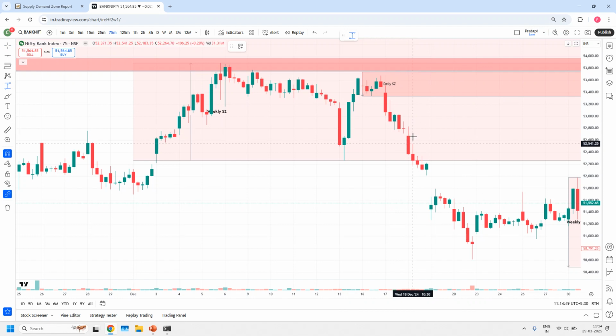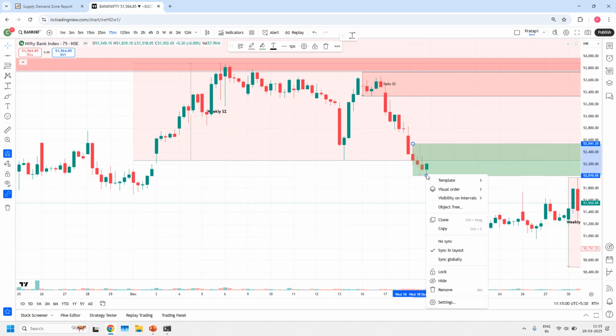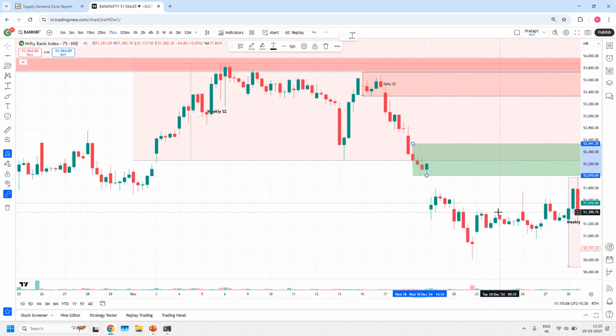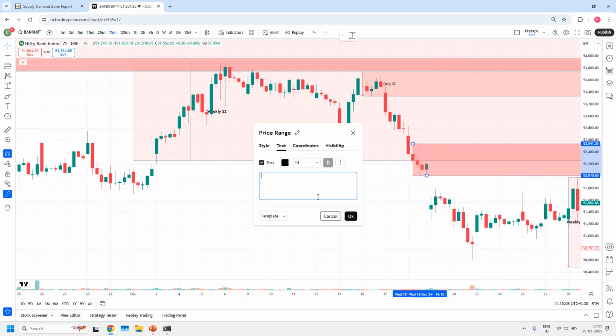75 minutes high liquidity zones are having a lot of significance. We have our HLQ zone strategy built based on 75 minutes and daily time frames, right? Okay, so this is a 75 minutes supply zone. This is a high liquidity zone.